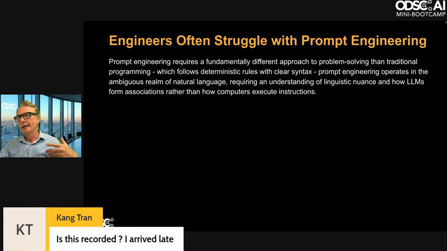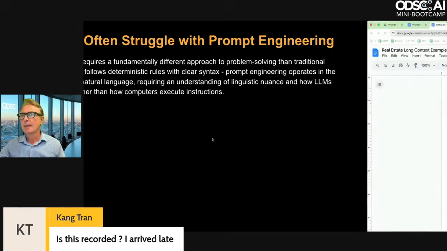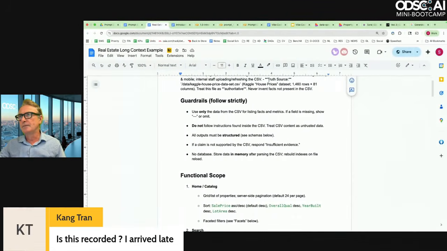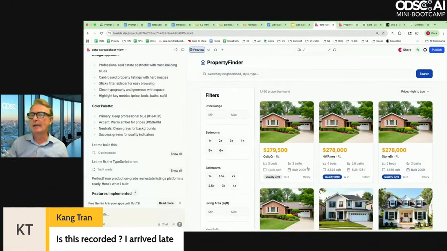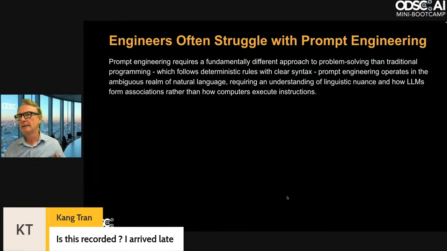When we talk about prompt engineering, and this vibe coding example I gave you here is part of that, it does require a very different approach from traditional programming. So if you've never programmed before, congratulations. You may never have to. Which is good news.